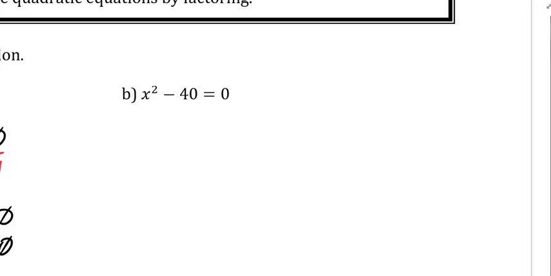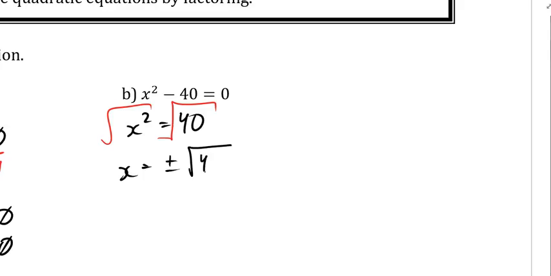In this case, it's probably like, really 99% your best bet to solve by isolating. So I get x squared equals positive 40. Take the square root of both sides. And x equals plus or minus the square root of 40.